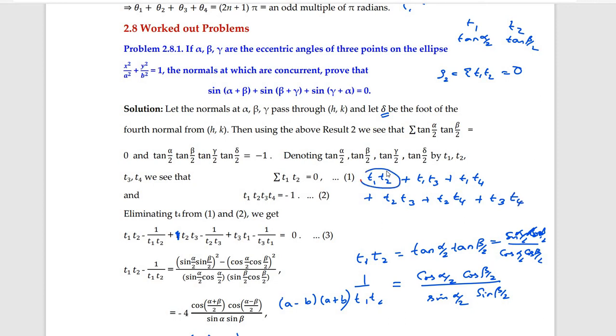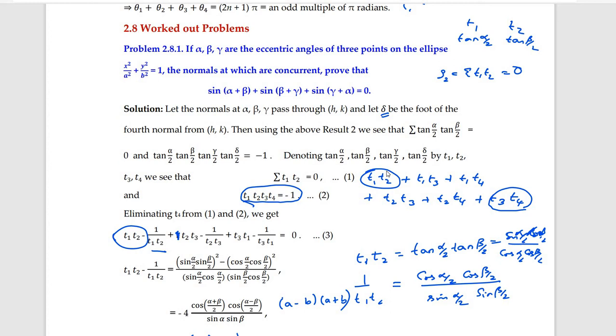So T1 T2 is retained as such. We know that T1 T2 T3 T4 is minus 1. So wherever you have T3 T4, you can replace it by minus 1 by T1 T2. So we have accounted for 2 terms of the 6 terms.